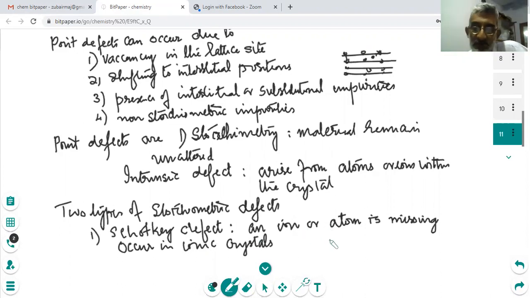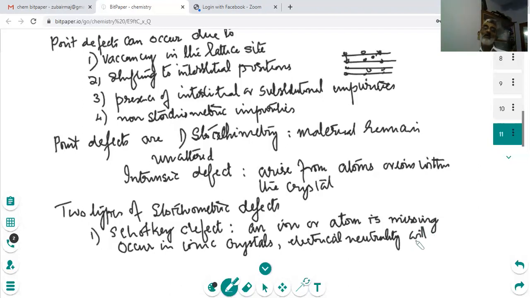And remember, there is no change in the electrical neutrality. That is, the electrical neutrality will not be changed. Rather, we should say overall electrical neutrality, the total plus and minus will remain the same.